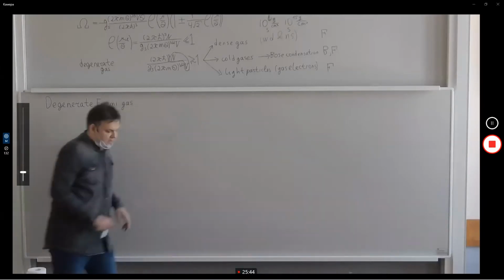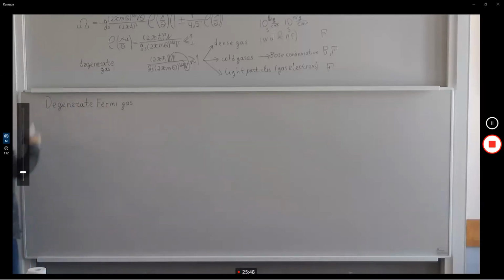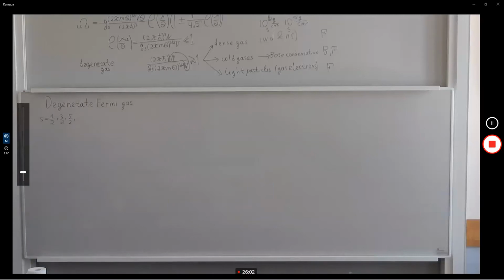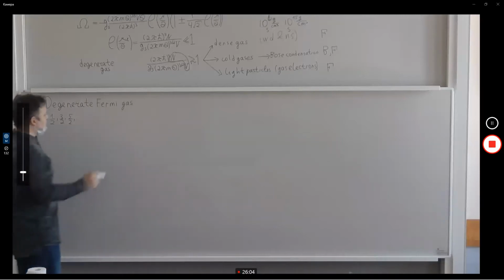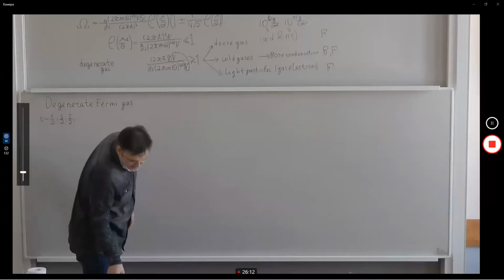Okay. Now we consider Fermi gas. Once I said Fermi, this means that the spin of the particle is half integer. Of course, the most important case is spin equal to 1/2, and this corresponds to electrons.